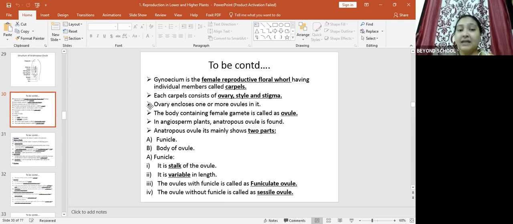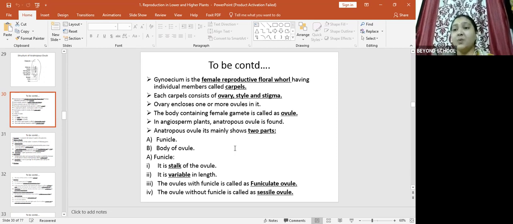All right, and the ovule is where the female gametophyte develops. Like in an anther, we have a pollen grain, which we call the male gametophyte. In the same way, the female gametophyte develops in the ovule.